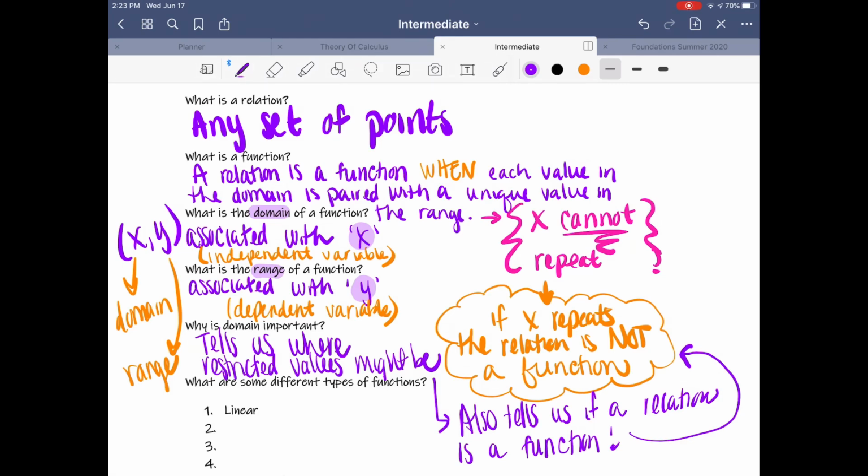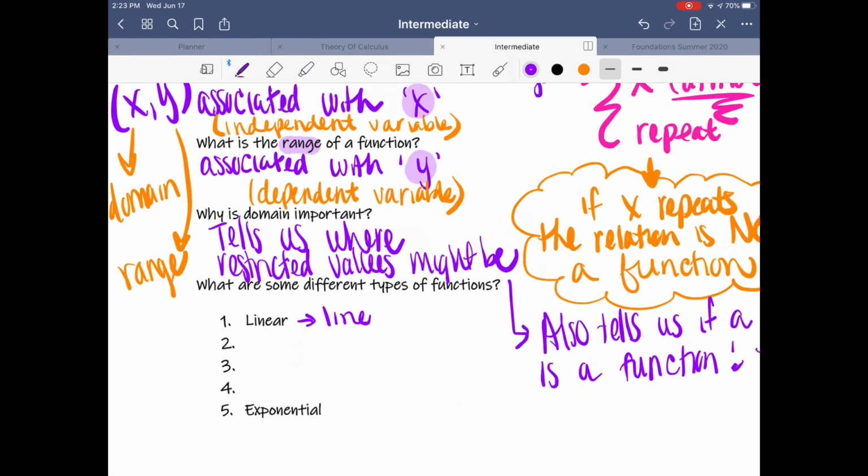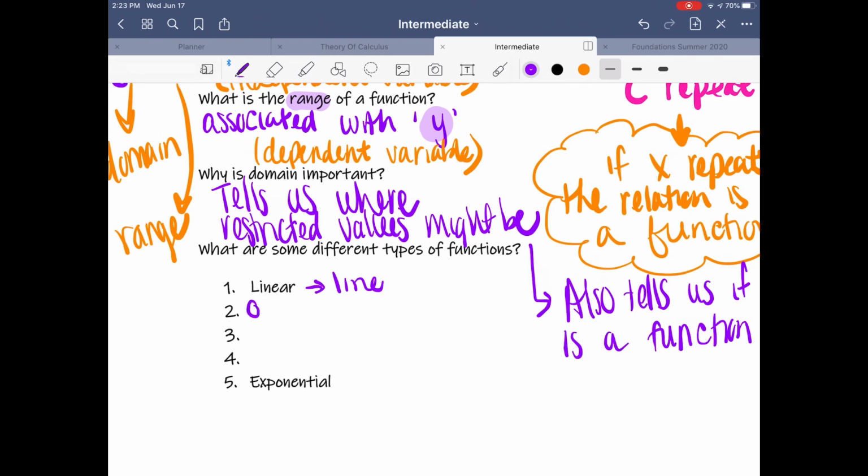So some different types of functions that you'll see. Obviously, one is linear. I wrote it down there already. Linear is a straight line. There's also quadratic.